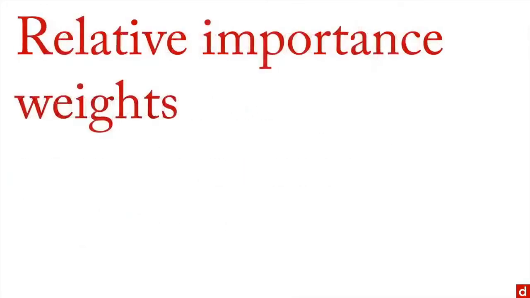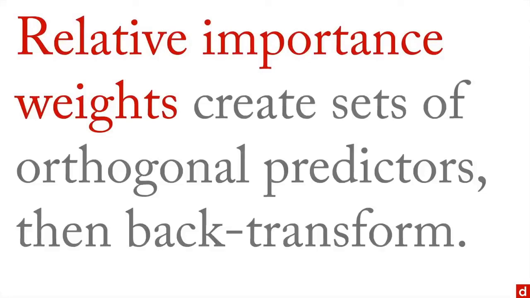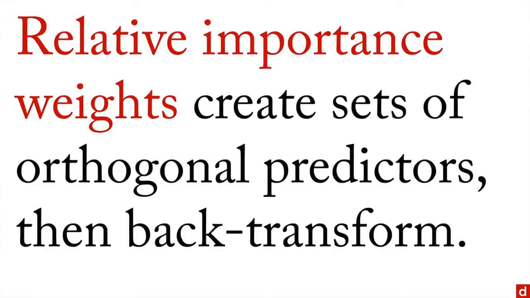And then there's also something that's even more recent than these others called relative importance weights. And what this does is it creates a set of predictors that are orthogonal or uncorrelated with each other, basing them off of the originals. And then it predicts the scores, and then it can predict the outcome without the multicollinearity because these new predictors are uncorrelated.